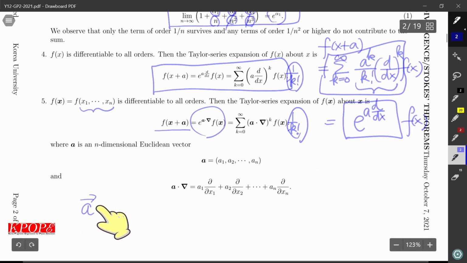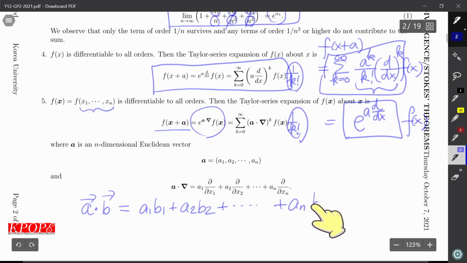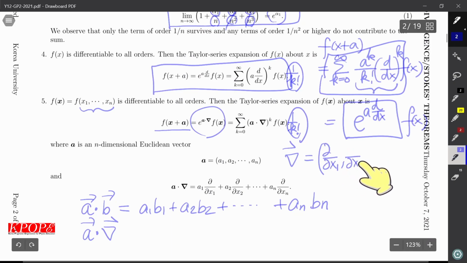The scalar product of two Euclidean vectors is a1 b1, a2 b2, ... an bn. Therefore, a dot gradient, where the gradient in the Euclidean n-dimensional space is partial derivatives with respect to x1, x2, ... xn.